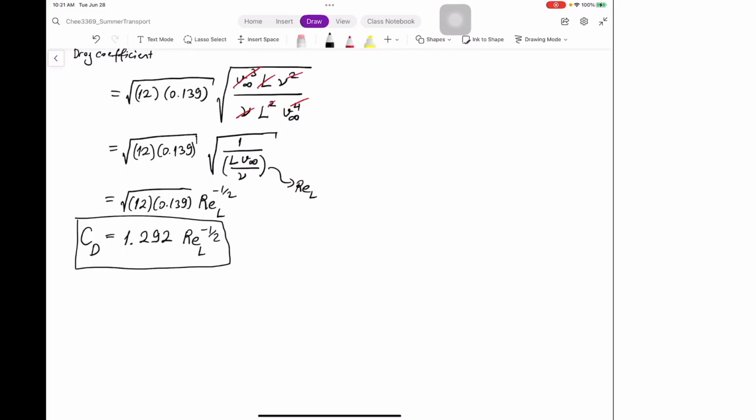So you can calculate this CD using this approximation. And is this formula valid for high Reynolds or low Reynolds? What do you think?